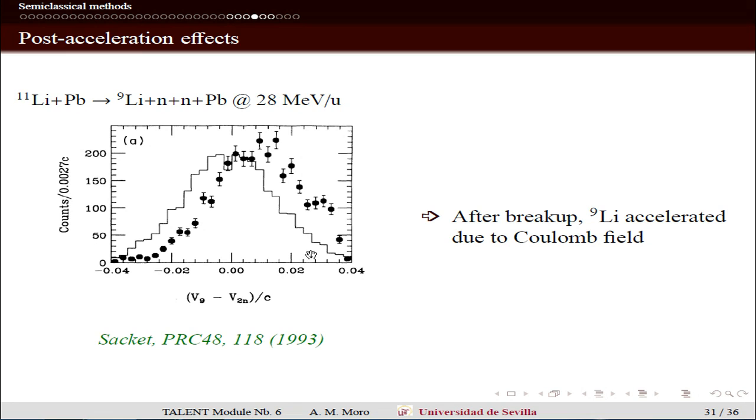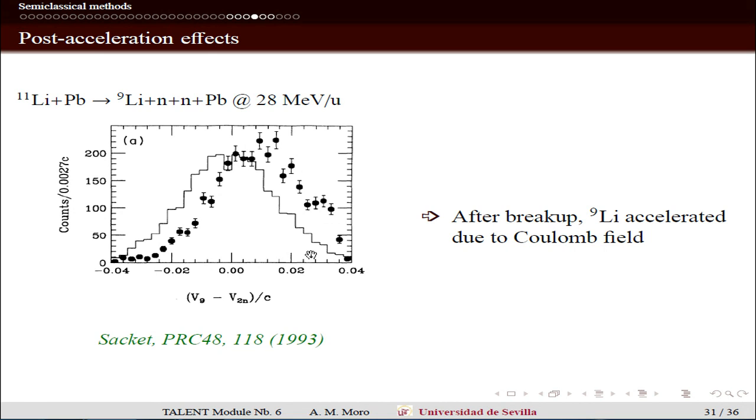This was our assumption. The trajectory is not perturbed, it's not distorted by the other terms of the potential. So in the pure classical trajectory, the velocity of the three particles is the same. So we expect a situation in which all particles come out essentially with the same velocity.